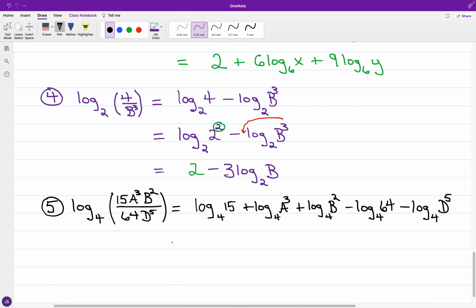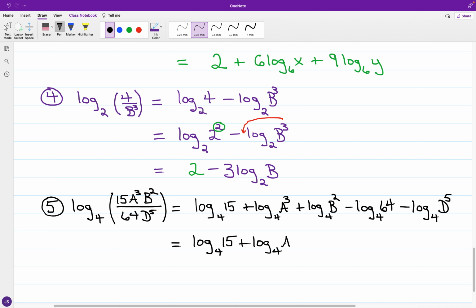Okay, and looking at what we can do regarding making adjustments. We've got the base 4 logarithm of 15. Now 15 is not a multiple of 4 to begin with, so it's not going to be an integer power of 4. So the base 4 logarithm of 15 stays when expressing in exact terms.